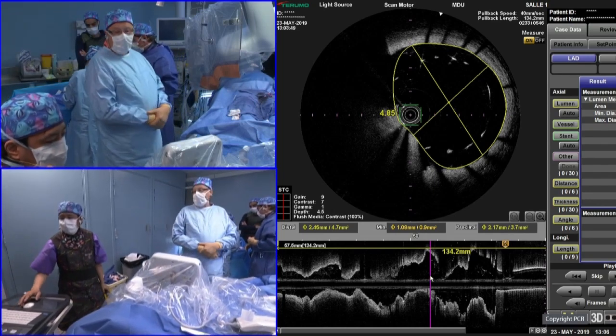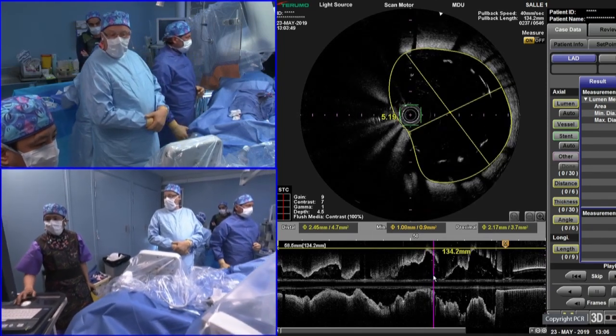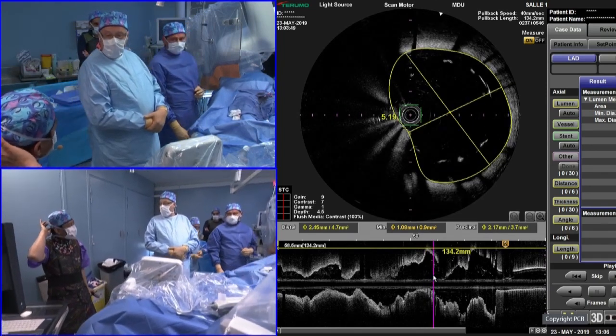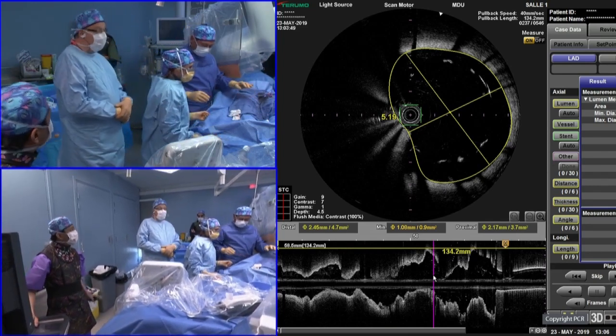I think it's a very impressive finding because we can really see how suboptimal the result was in terms of deployment, despite a very good angiographic follow-up.